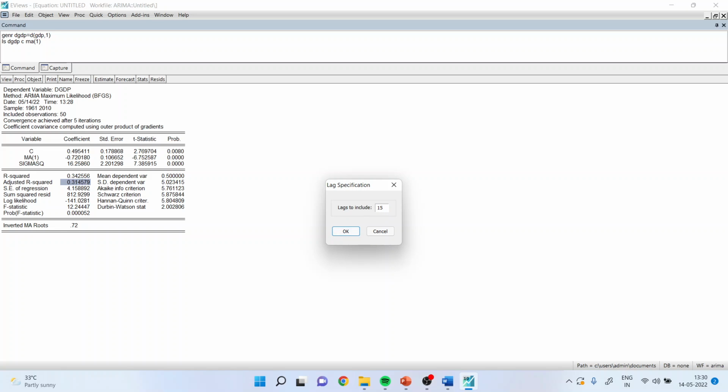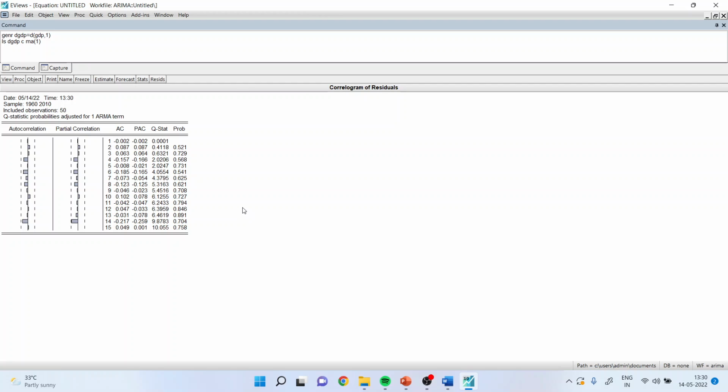Normally, the thumb rule is one third of the total observations. Click OK. The desirable thing is that now none of the lags should be significant, or there should not be spikes in any of the lags. Moreover, the p-value should be more than 0.05.